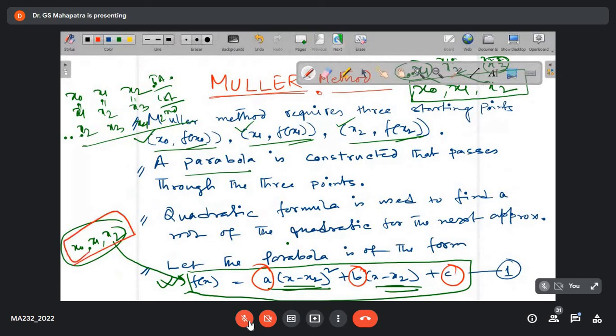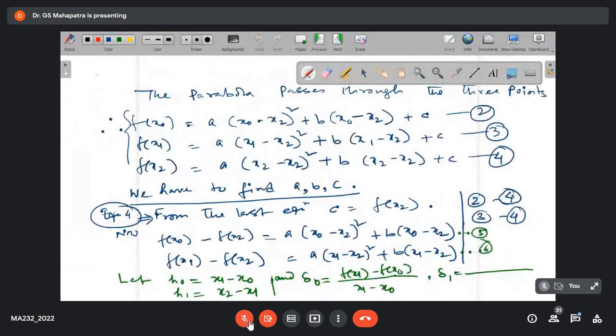Since x0, x1 and x2 are points on the parabola, the parabola passes through these 3 points. That means the parabola equation should be satisfied at these 3 points.